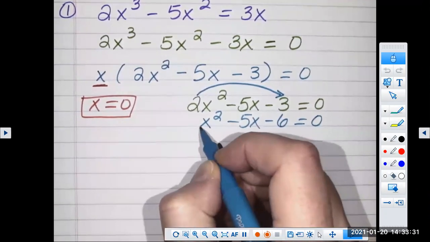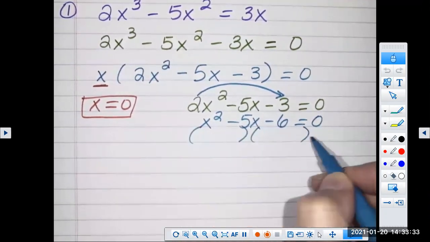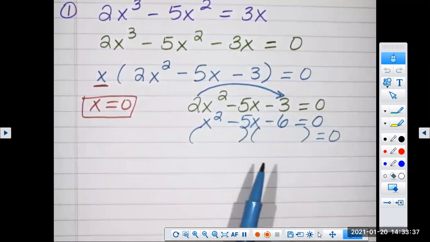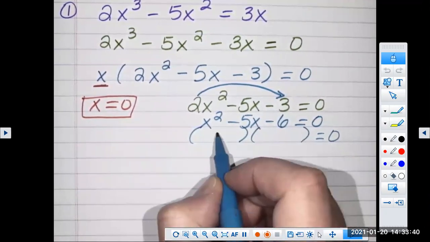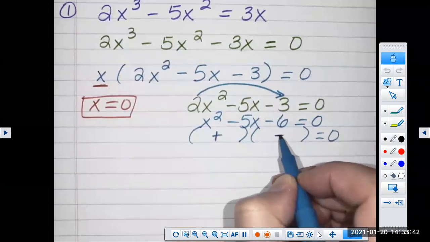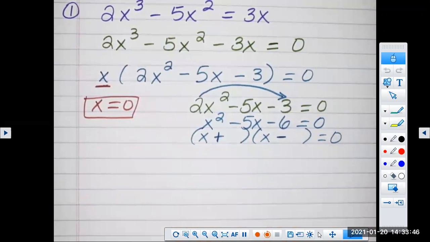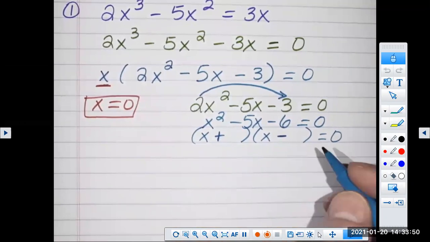Then you factor this. It's a trinomial, so remember it factors like this. What are 2 numbers that multiply to 6 but subtract to 1? Good. 6 and 1.